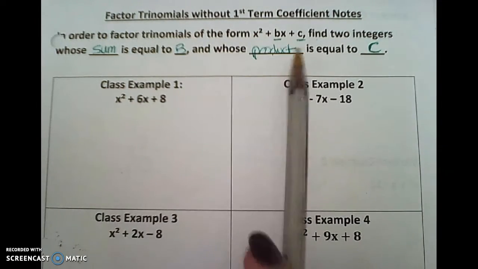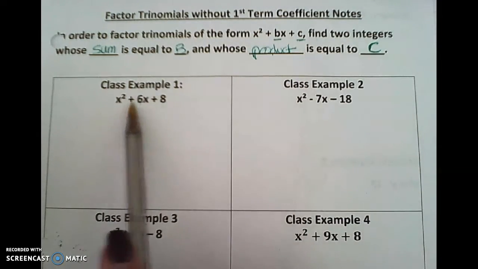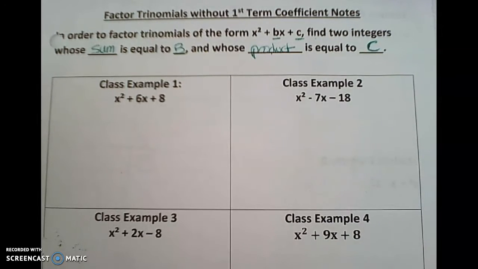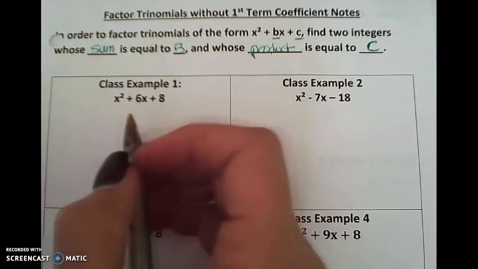Now that's tricky enough, but these signs in between these terms are going to play a part as well, which is going to make it a little bit confusing and a little tougher for you guys. You're really going to have to use some problem solving and really be thinking and focusing when you're practicing these.